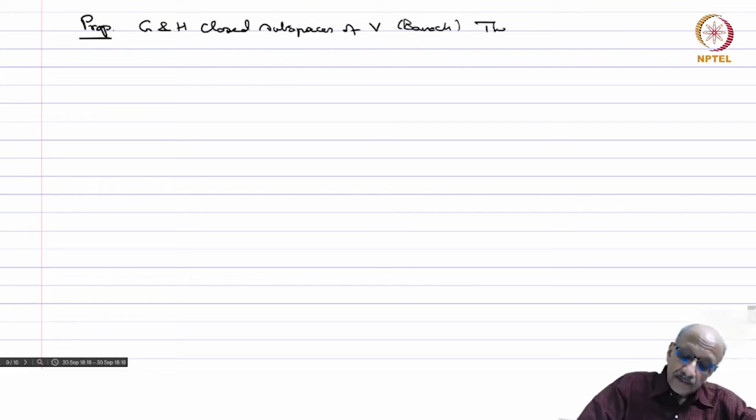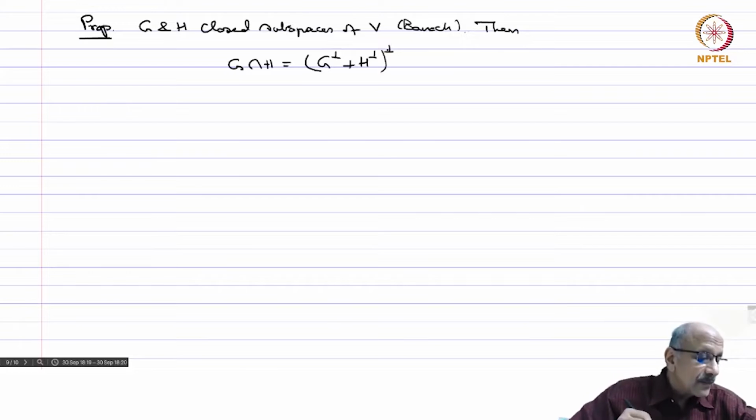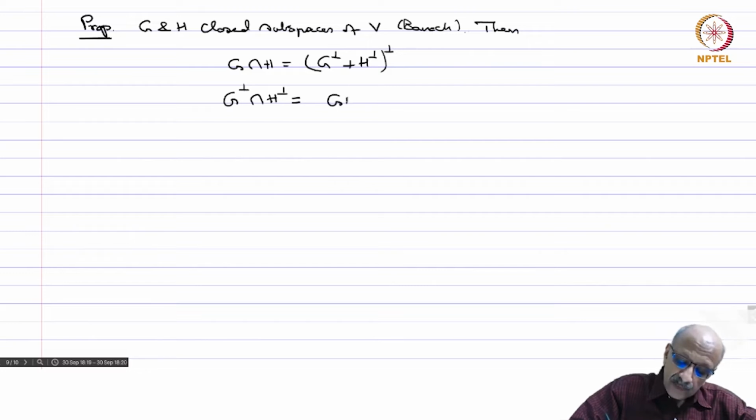Then the closure of G perp plus H perp is the perp of G intersection H, and G perp intersection H perp equals the perp of G plus H.